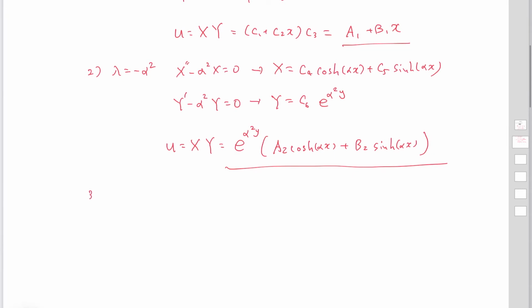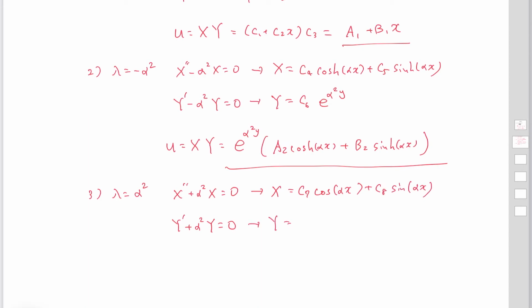In the last case, lambda is a positive quantity. Then X double prime plus alpha squared X equals 0, and Y prime plus alpha squared Y equals 0. From the first equation, X is expressed as c sub 7 cosine alpha x plus c sub 8 sine alpha x.